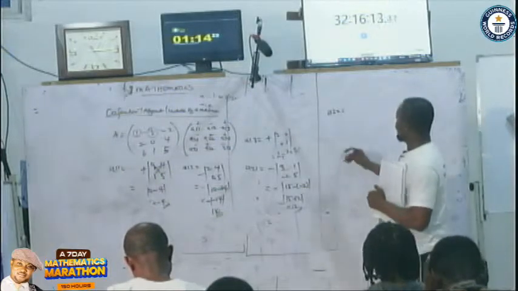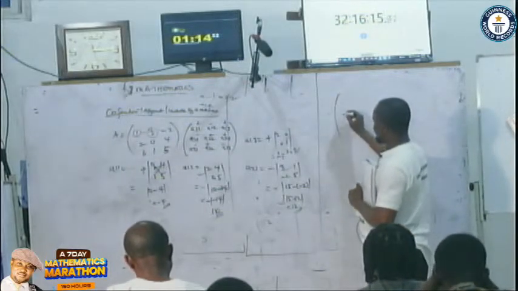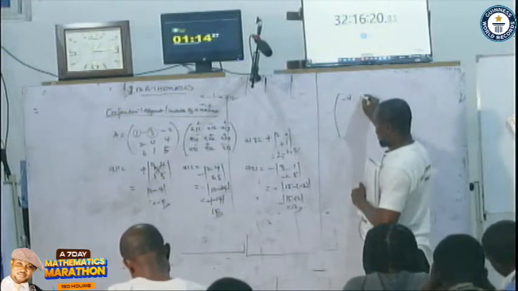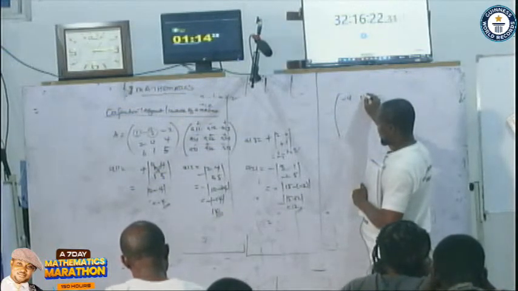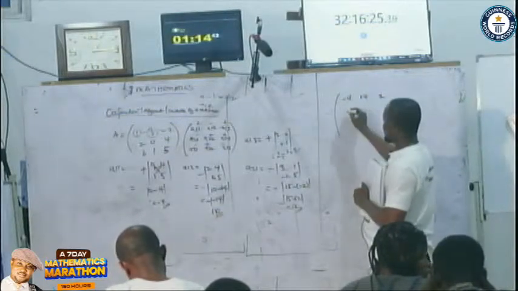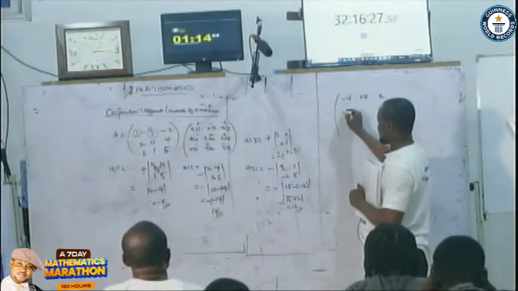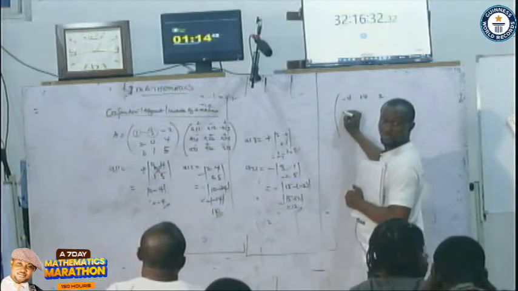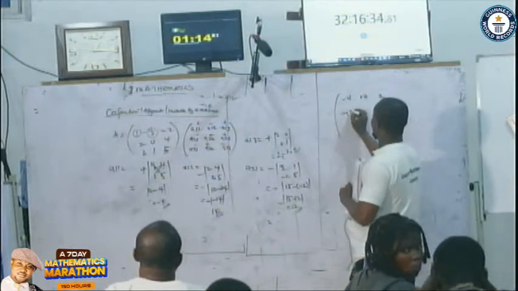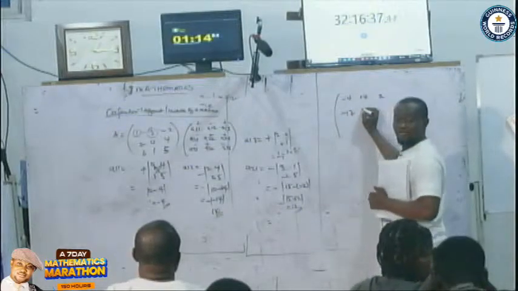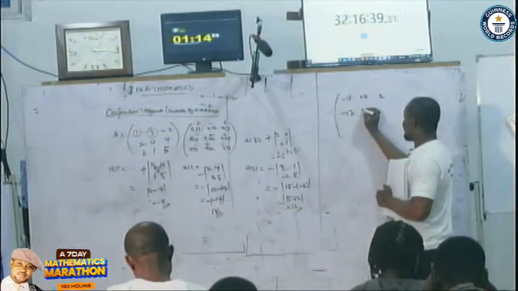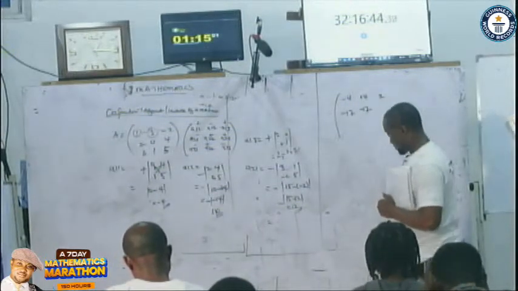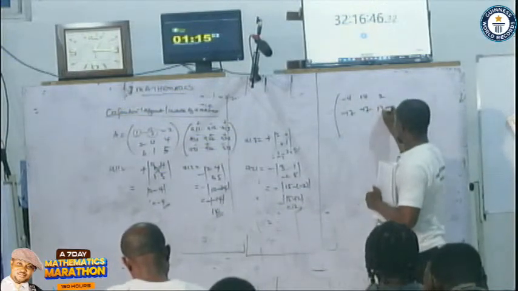1 minus 2. So having that, you have A11, minus 4; A12, 14; A13, 2; A21, minus 17; A22, 17; A23, 17.